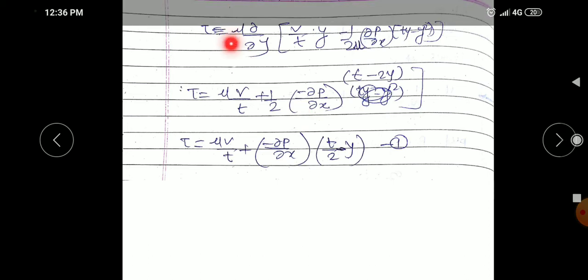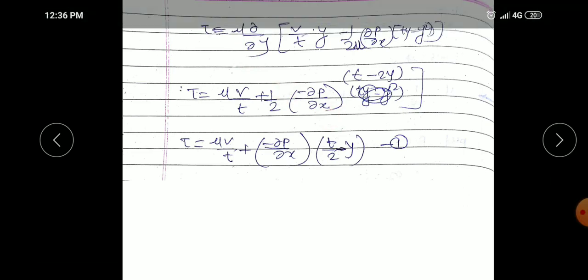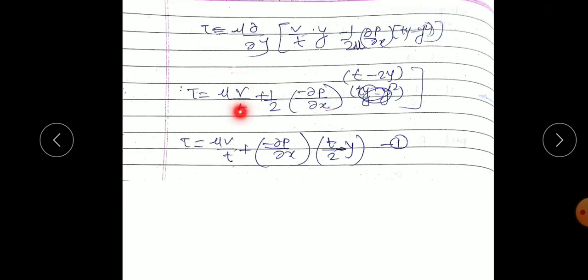So here mu is constant, the velocity is constant, the t is constant. So differentiation of V by t y will be V by t. So we get mu V by t, and here ty minus y square.